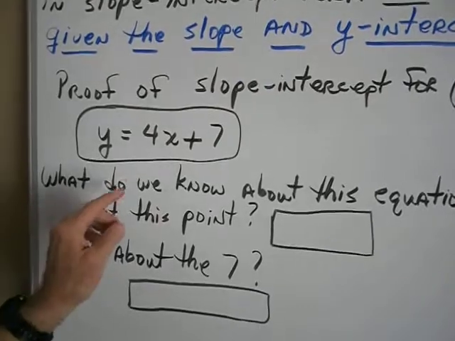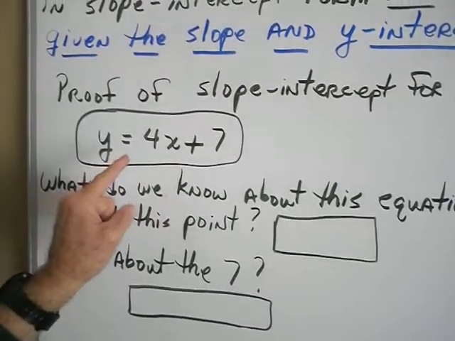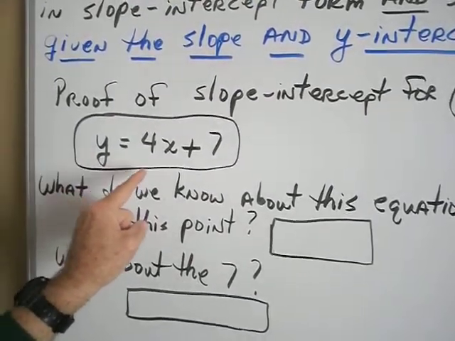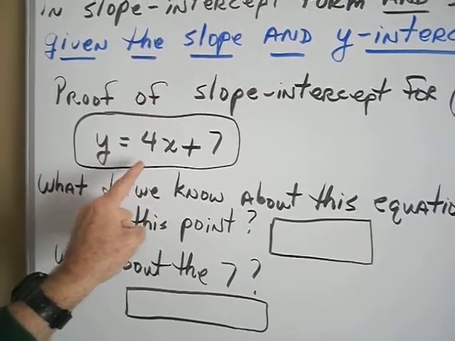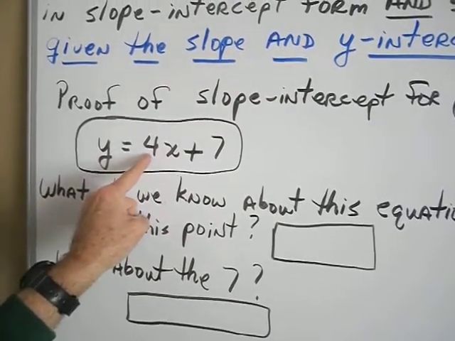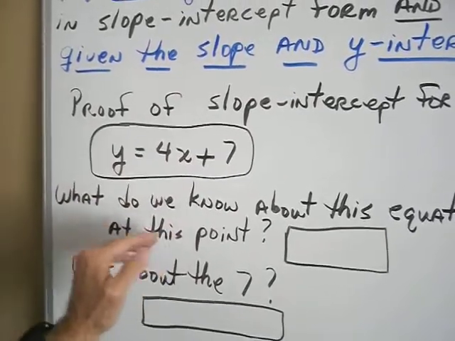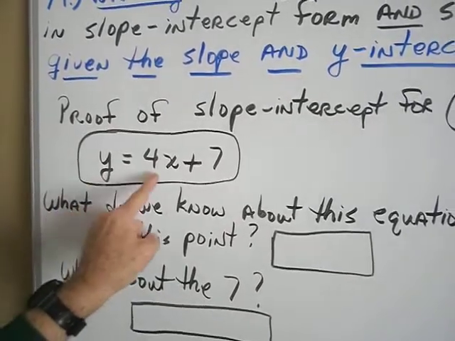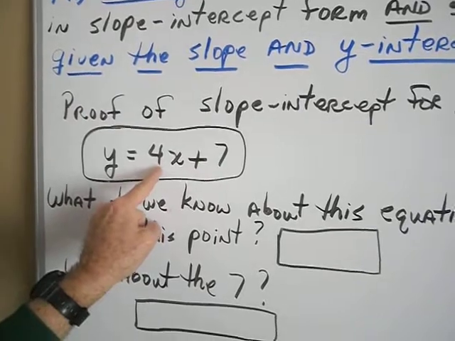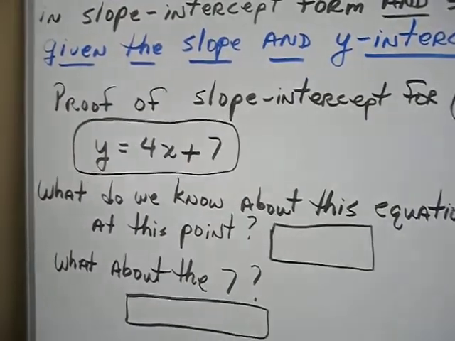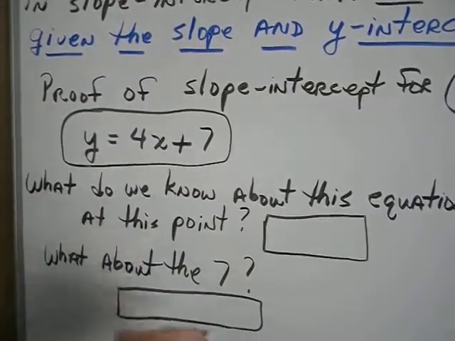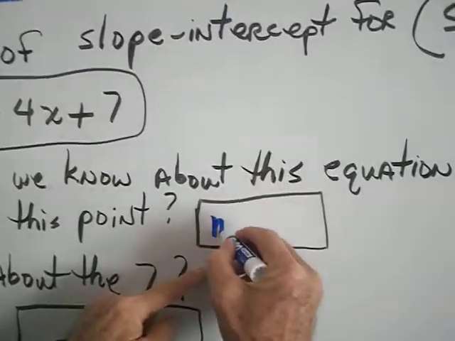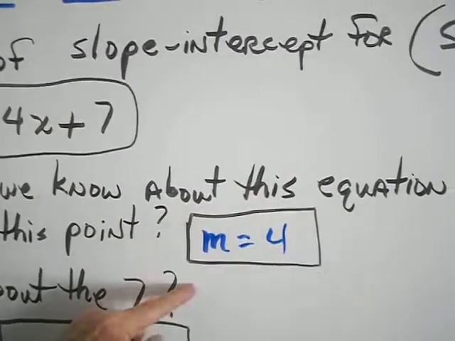And I believe there would be hands that would go up and they would say, we know that the slope of the equation is 4. And you're right, because if the equation is solved for y, the coefficient of x is always the slope. So the slope is 4. That's what we know right now.